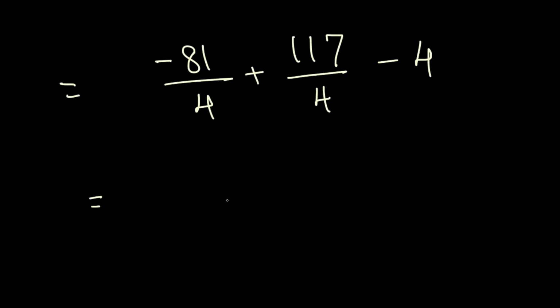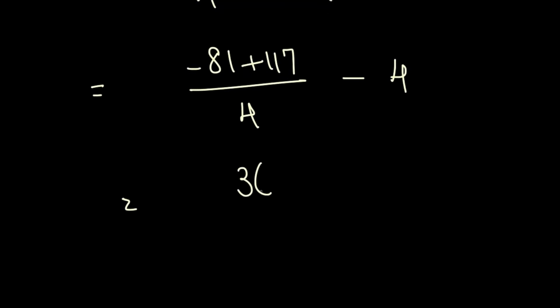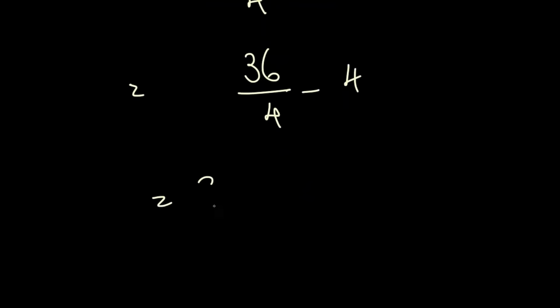Negative 81 over 4 plus 117 over 4 is negative 81 plus 117 over 4, the whole thing minus 4. That gives me 36 over 4 minus 4, which translates to 9 minus 4, which equals 5.